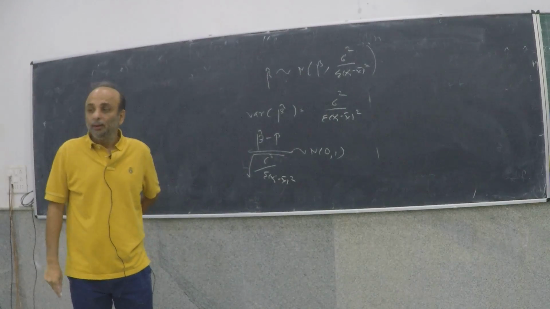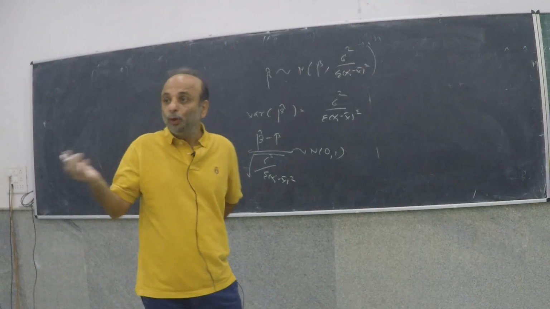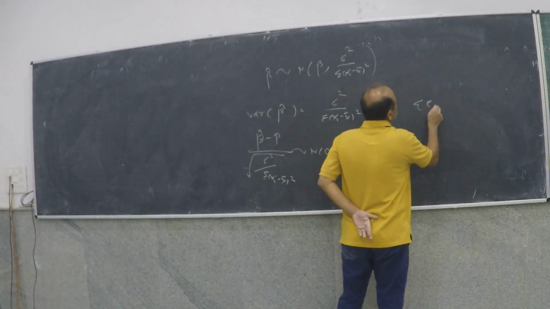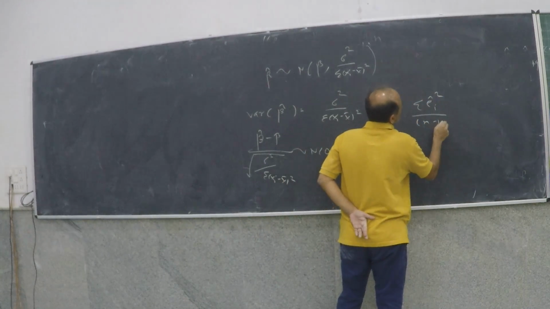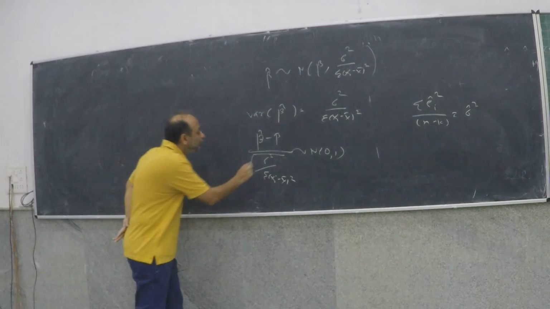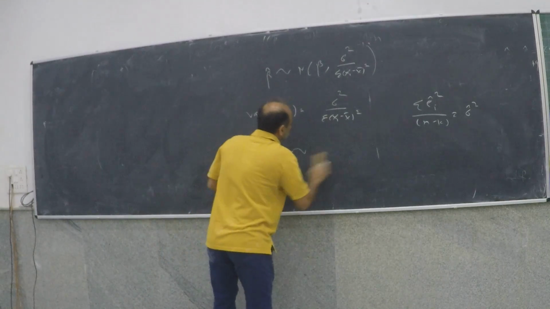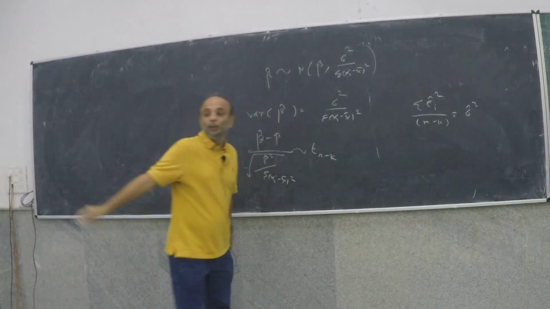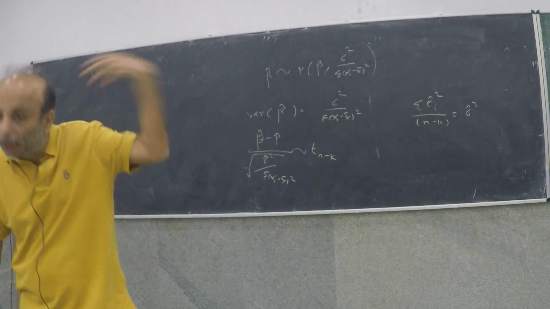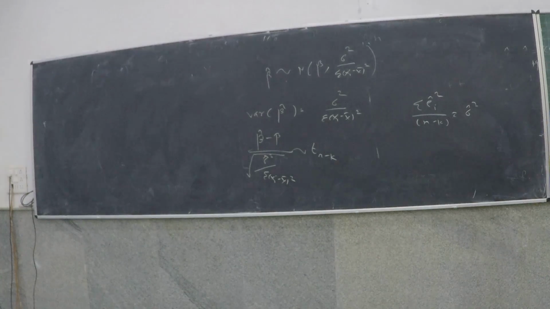Sure? Now, but what is sigma square? Sigma square is the variance of the error term, and we do not know sigma square. So we estimate sigma square by its sample estimate, and if you replace it, then this distribution becomes a student's t distribution with n minus k degrees of freedom under the null hypothesis, because an unknown population variance is being replaced by its estimate from the sample.